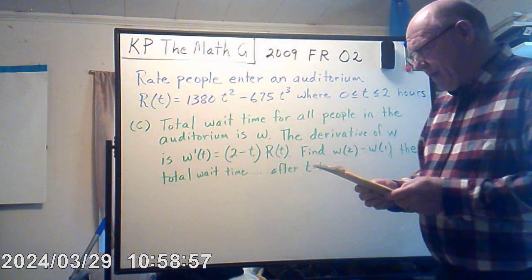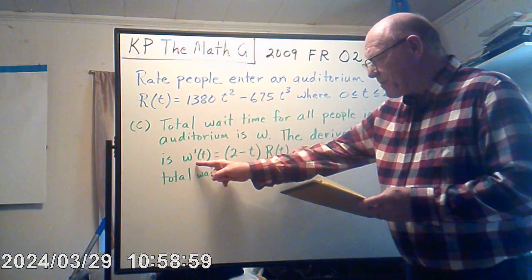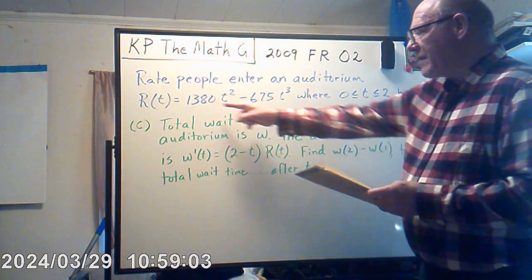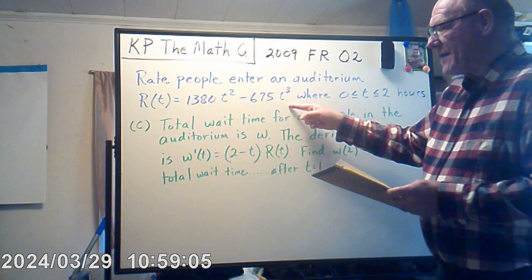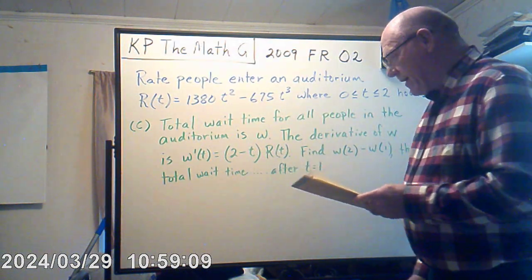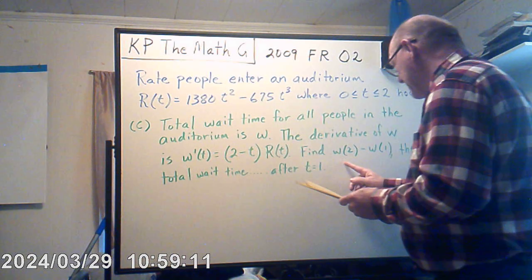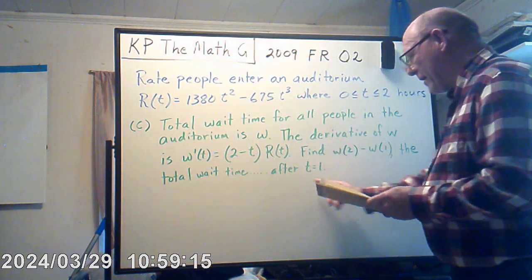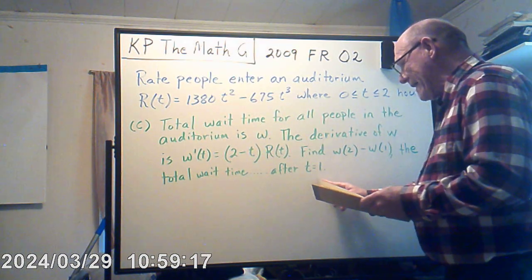The derivative of W is given by W prime of t, which is 2 minus t times r of t, but r of t is this. So find W of 2 minus W of 1, the total wait time after t is 1.